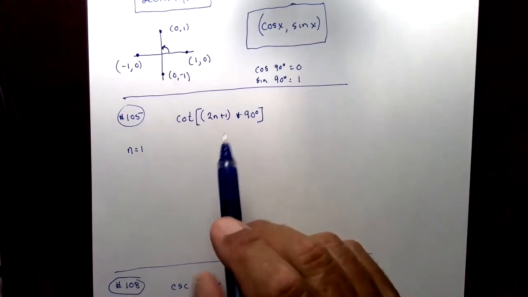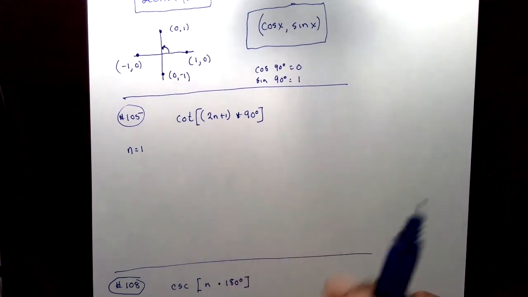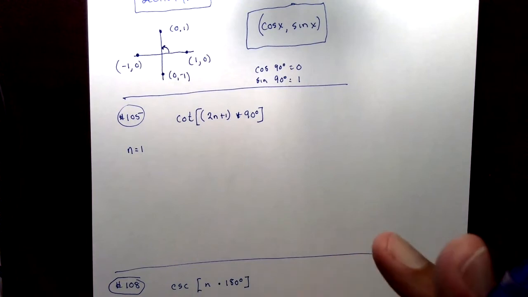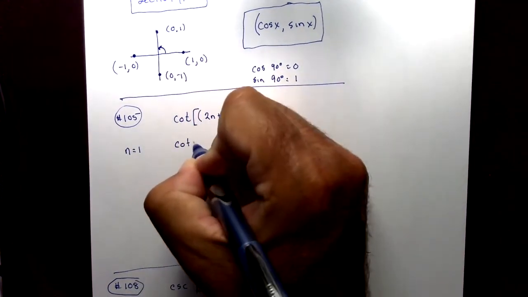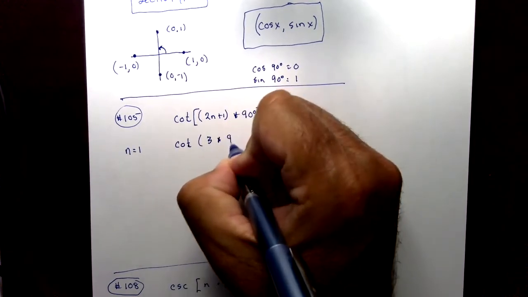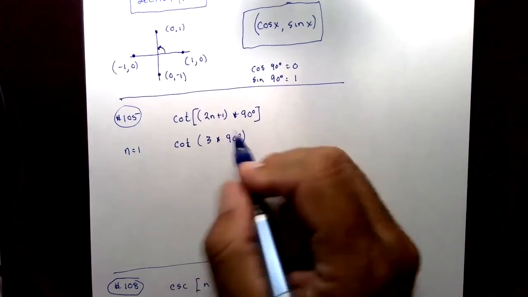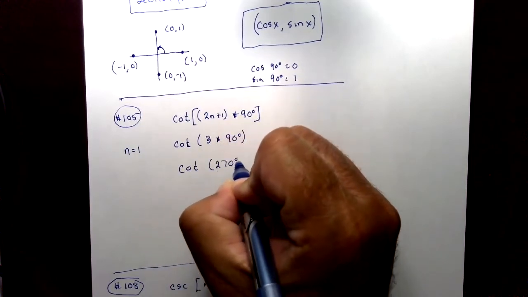For the first one, number 105, it says the cotangent of the quantity 2n plus 1 times 90 degrees. When I substitute 1 in, I now get the cotangent of 3 times 90 degrees, and this now becomes the cotangent of 270 degrees.